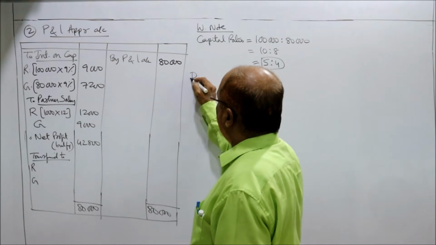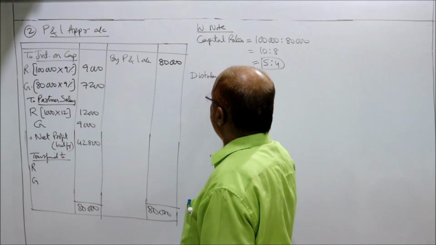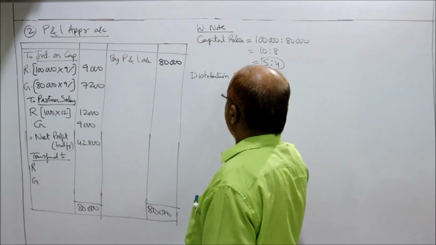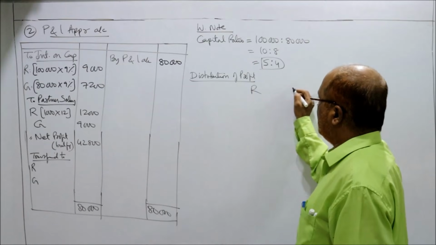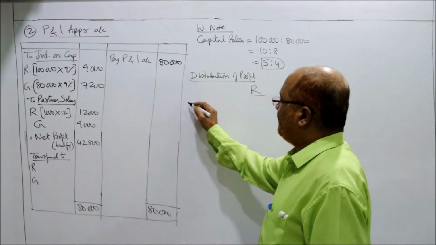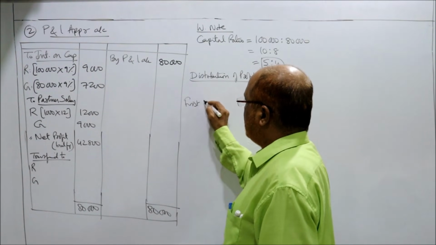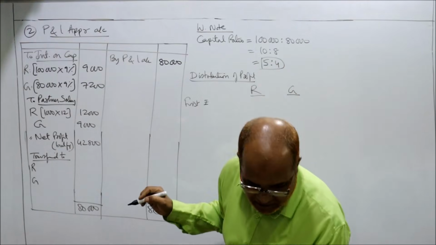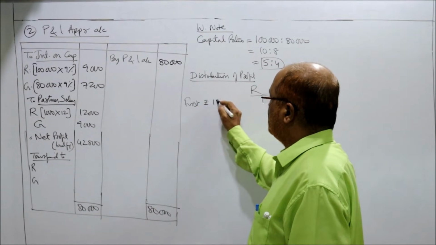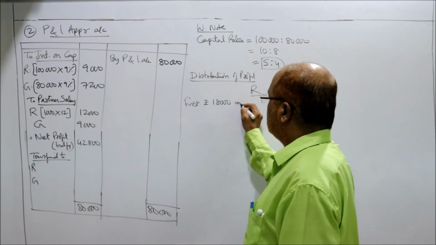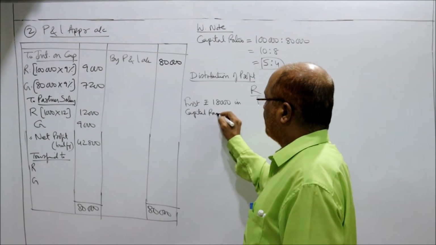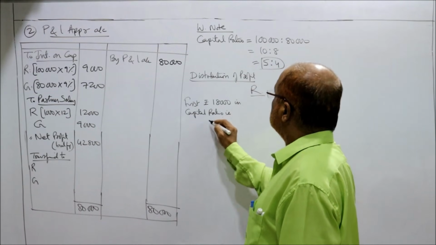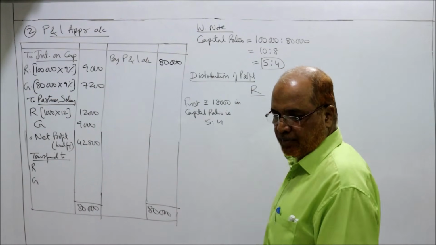So distribution of profit between Ravi and Giri. First rupees 18,000 in capital ratio, that is 5:4.